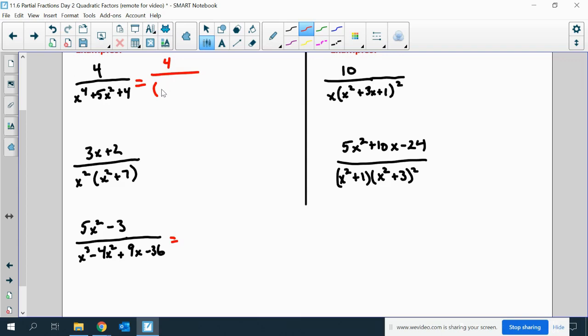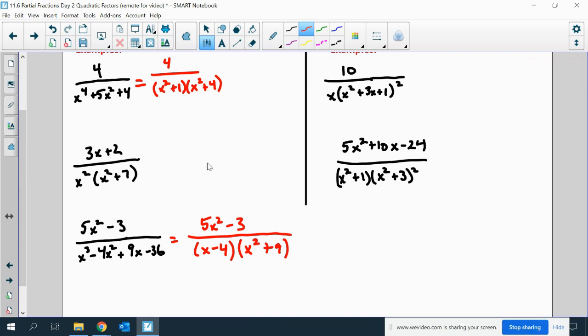When we factor the denominator here, we get x squared + 1 and x squared + 4. And down here, factoring by grouping, I would have x - 4 times x squared + 9.